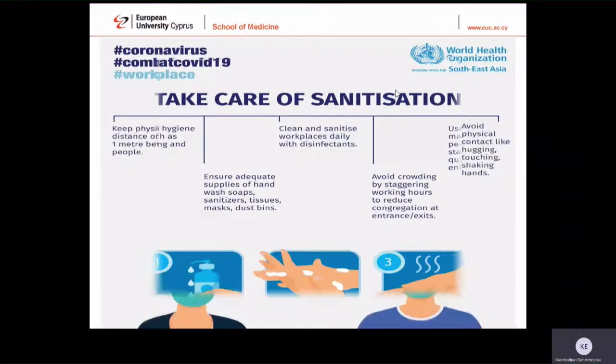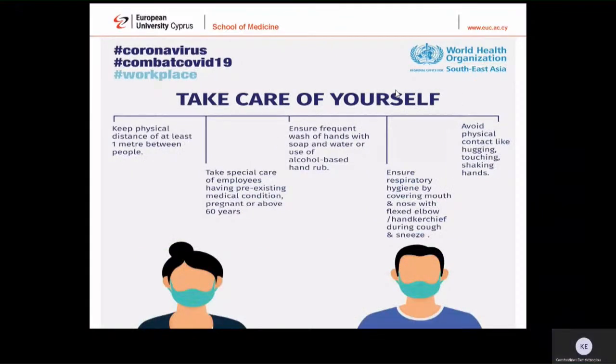First, physical distancing. And I'm very proud to say that EUC has done a lot of things to fully comply with all national and international guidelines. So not all employees should come to work. Seatings at workstations and common places have been rearranged.